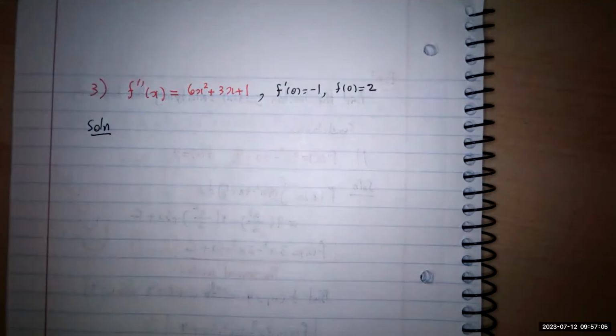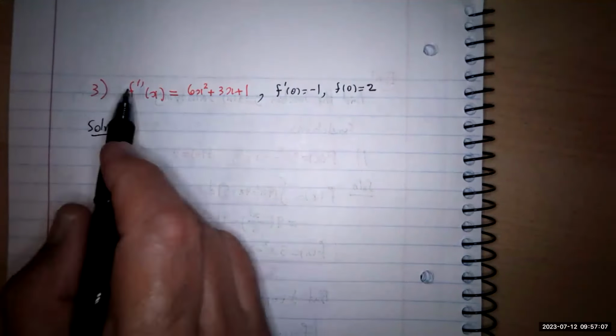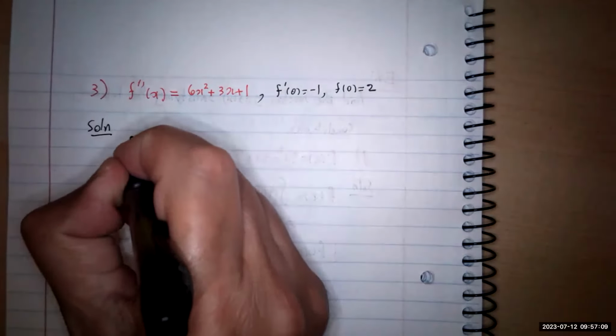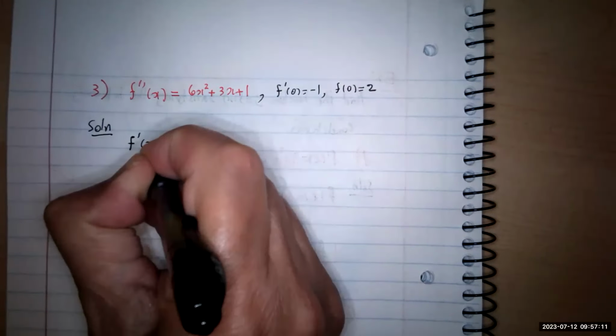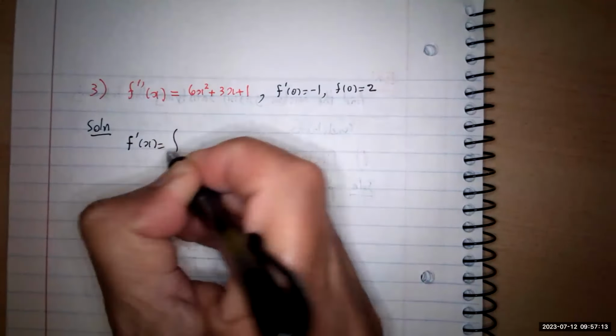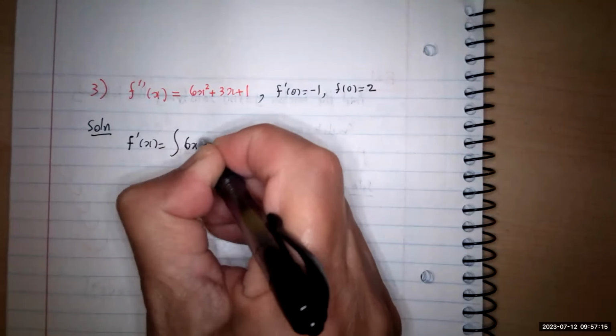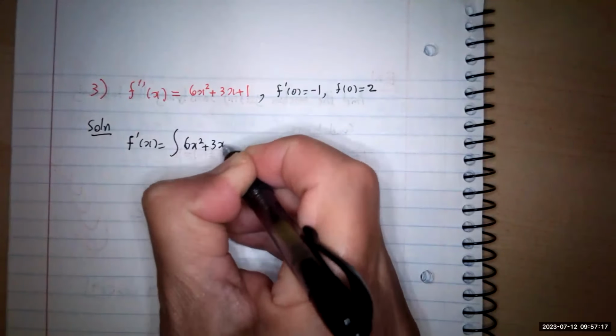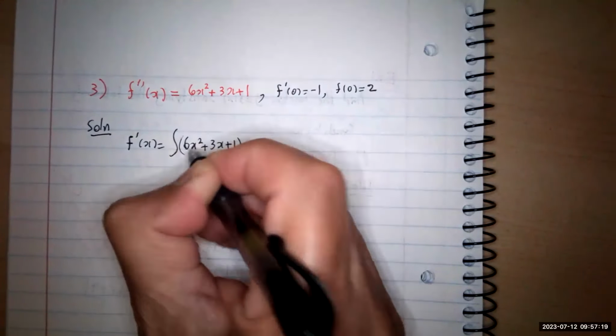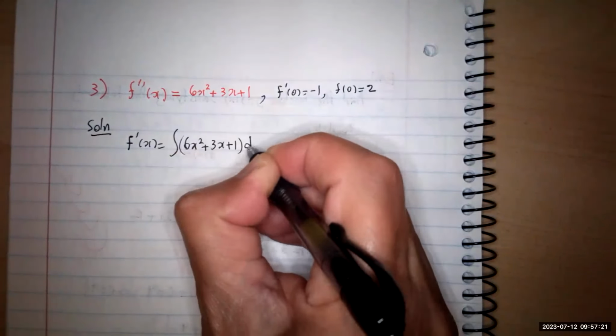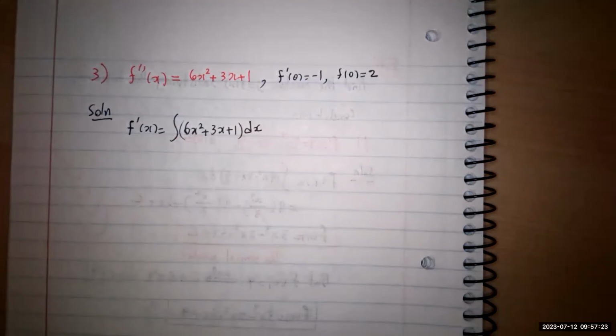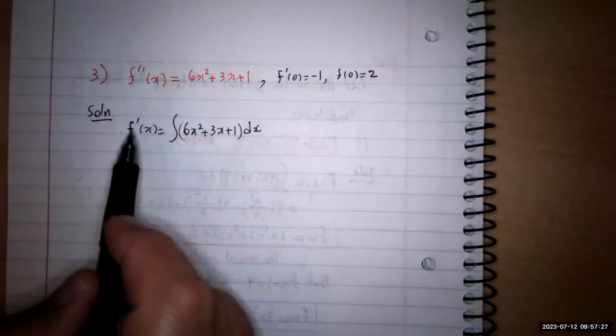You cannot do it right away. You go back to f prime. So f prime would be the integral of 6x squared plus 3x plus 1 dx. That would be step 1, from f double prime to f prime.